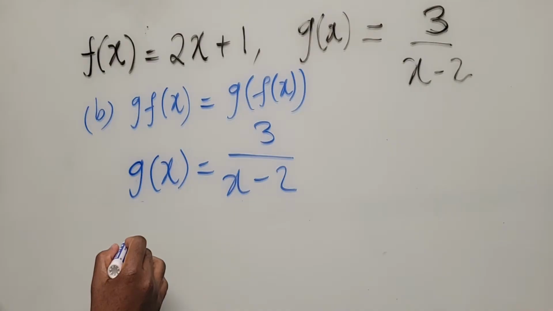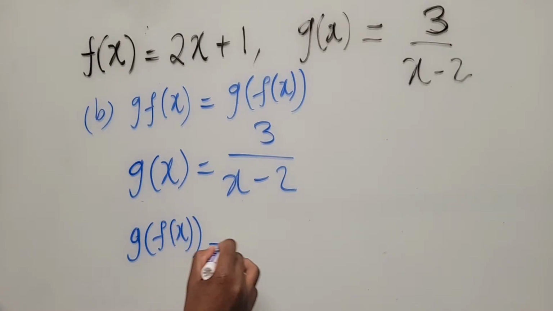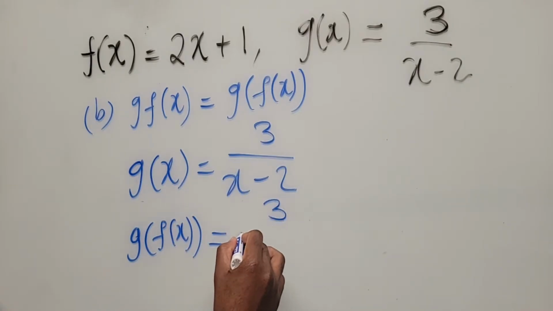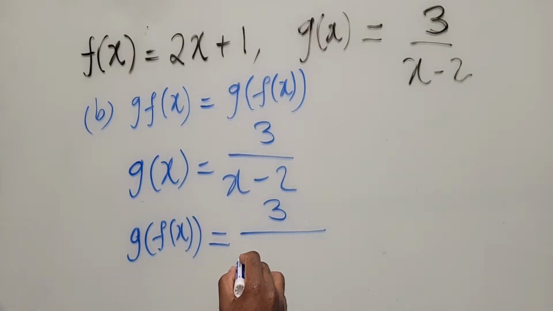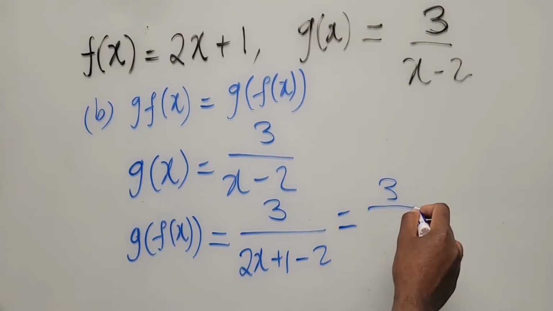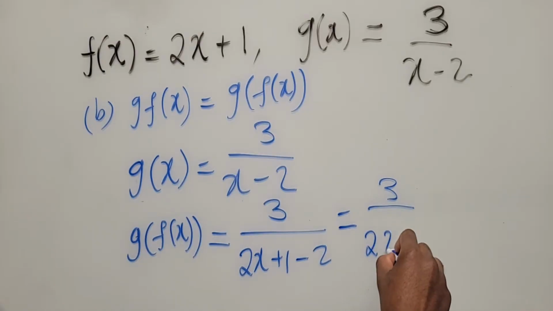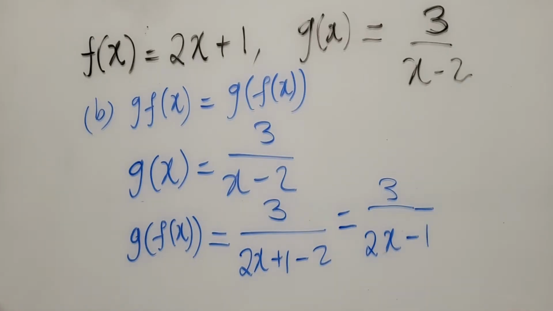So g of f of x is 3 over, where there is x, I put this function, that is 2x plus 1, then there is minus 2 here. But remember, 1 minus 2 is just negative 1, so this is just the same as 3 over 2x minus 1. Okay, so that is g of f of x.